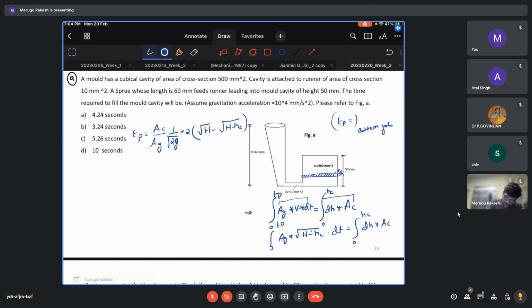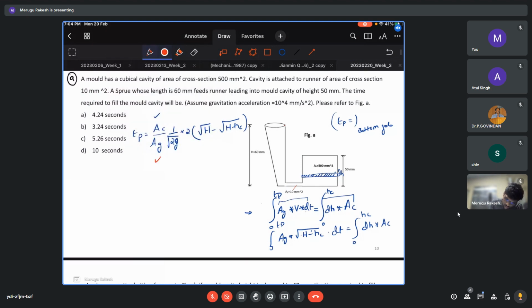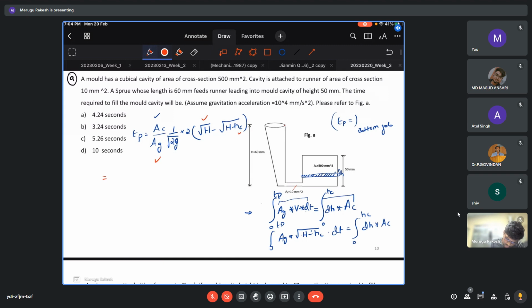You have A casting, you have gate area as well, then g is given. Then you have capital H, means the total height, and you have casting height also as well.